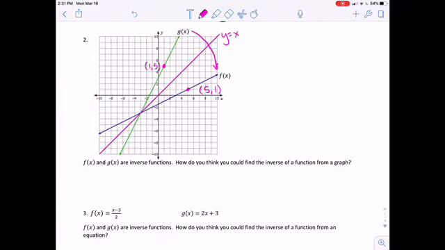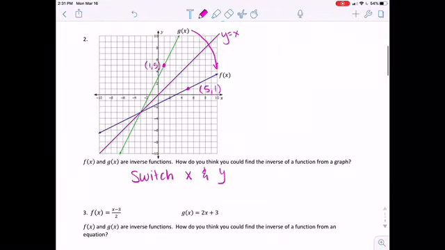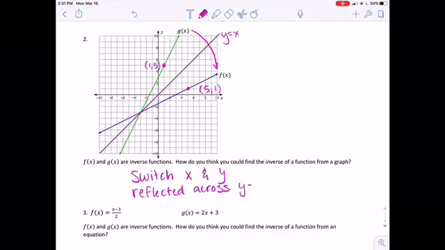So that's another way that we can spot an inverse function is, again, we just switch the x and y. We also recognize it's an inverse because we have reflected across the line y equals x.